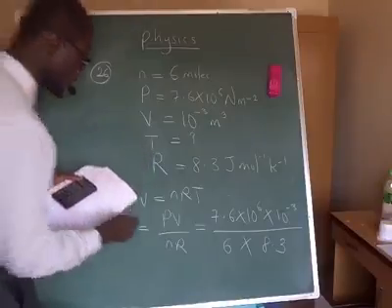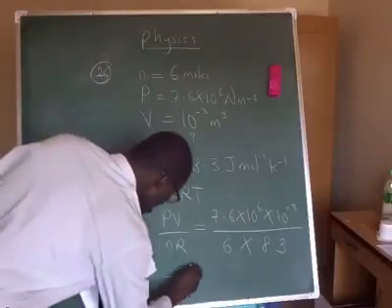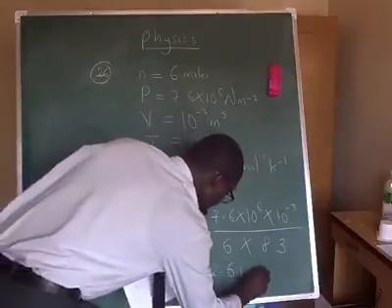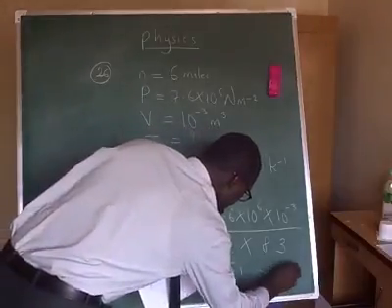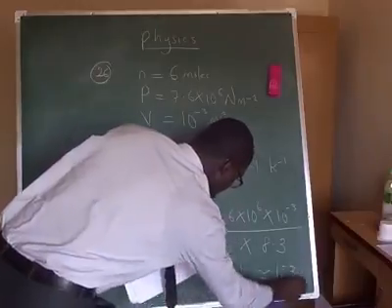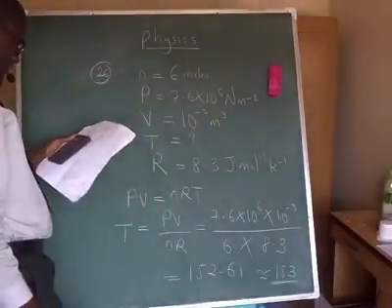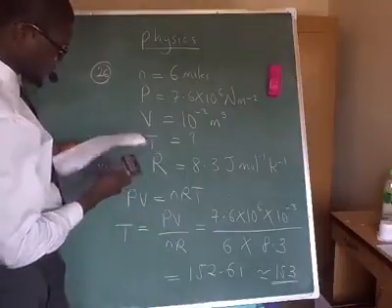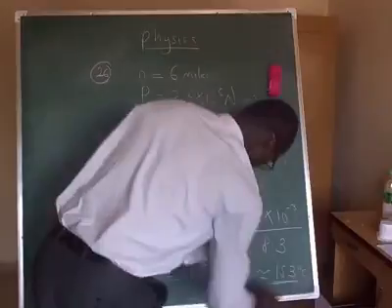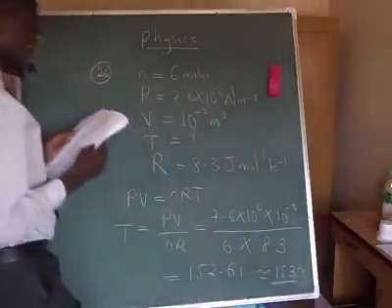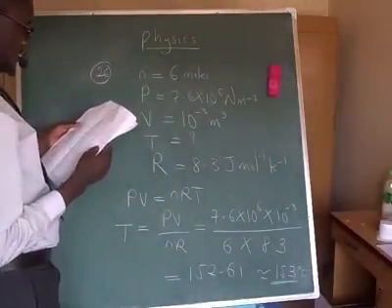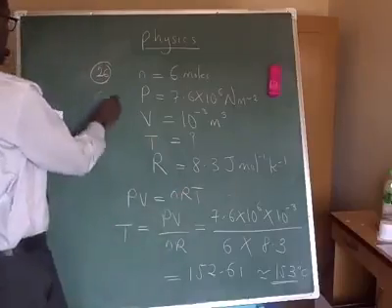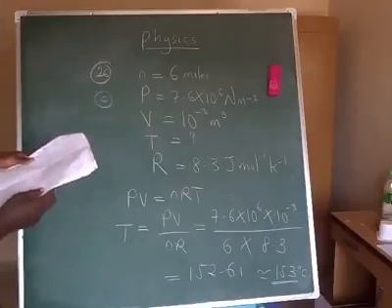I have 152.61, so approximately 153 degrees Celsius. Sorry, that is option C. So my answer to question 26 is option C, 153 degrees Celsius.